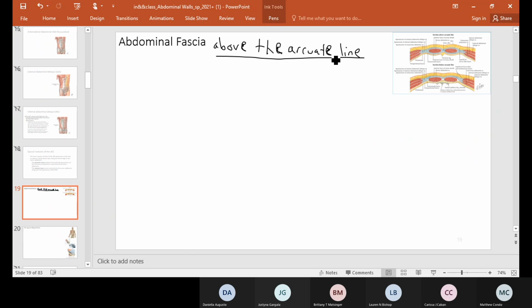All right. So here's how this is going to work. This is going to be anterior, and this is going to be posterior. Or this is going to be the most superficial, and this is going to be the deep.